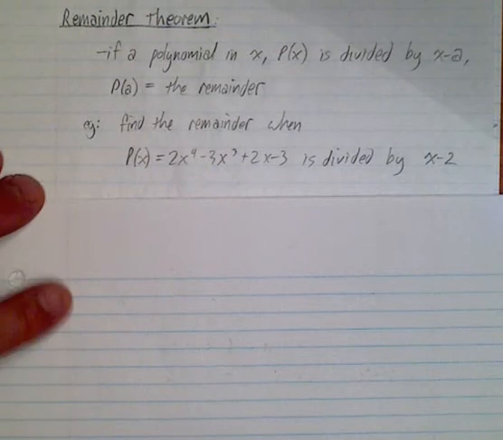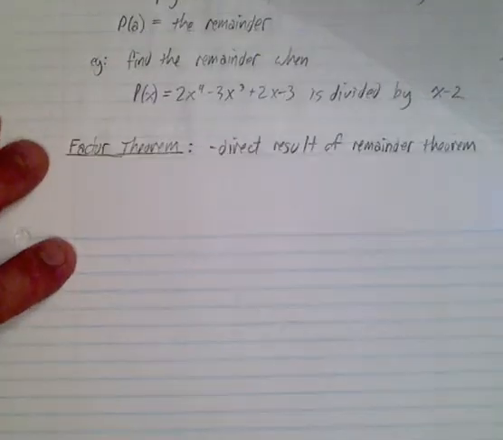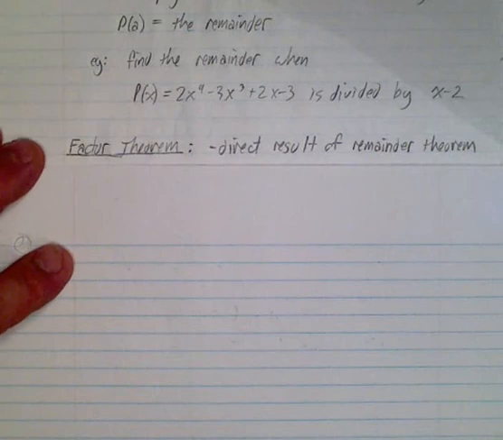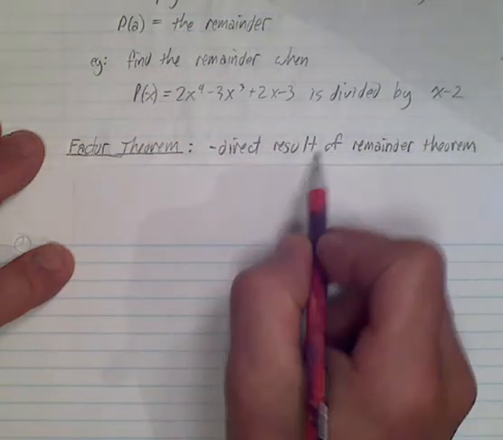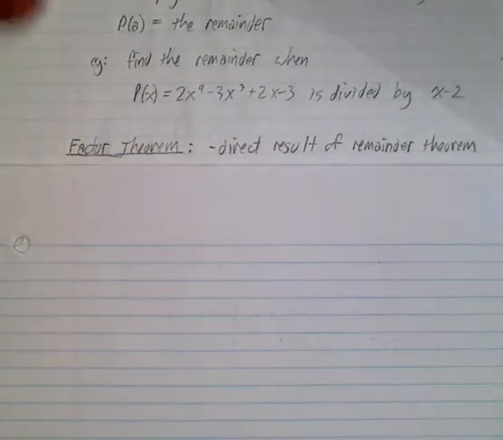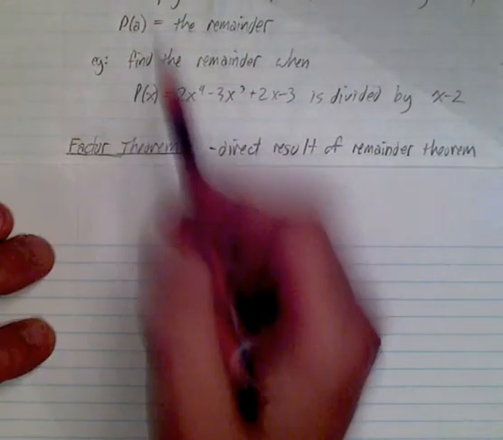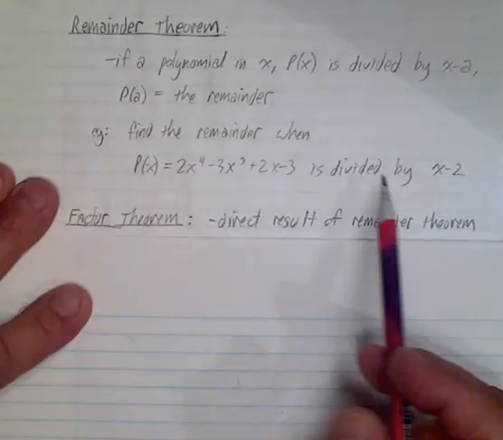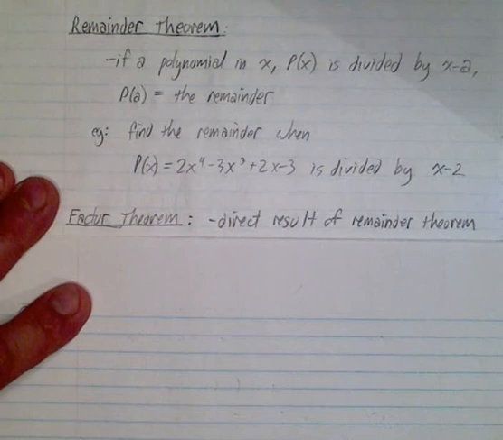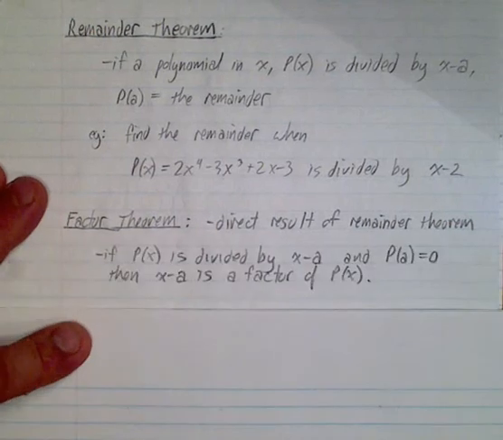Anyways, now, the next thing I want to look at is this thing called the factor theorem. And the factor theorem is a direct result of the remainder theorem, okay? It basically states that if you do this up here and you find a remainder of 0, it means that it is indeed a factor.